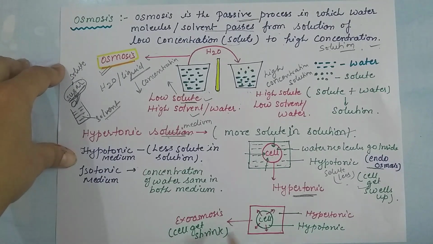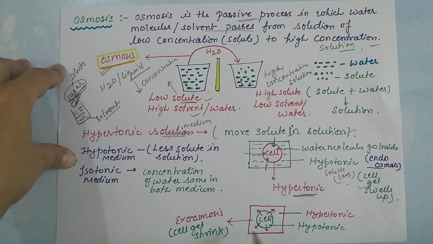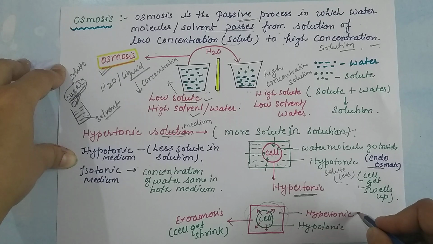Second, in this example, the cell is hypotonic in solution. A hypotonic cell has less solute and more solvent, and it is placed in a hypertonic medium in which there is more solute.